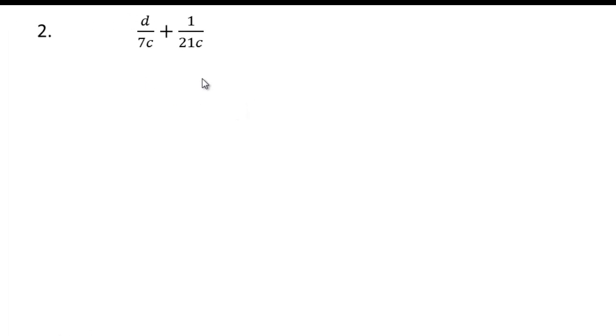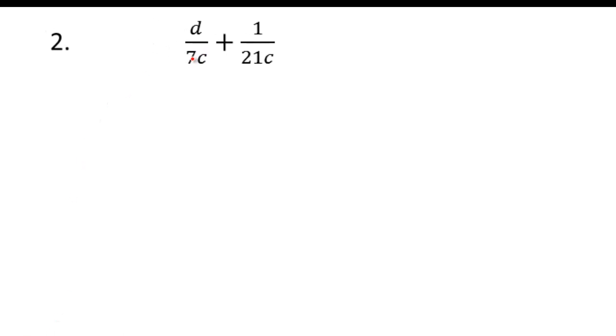Now, question 2 is d divided by 7c plus 1 divided by 21c. What is the LCM of this? For the numbers, we have 7 and 21. What is the LCM? That is the lowest common multiple of these.